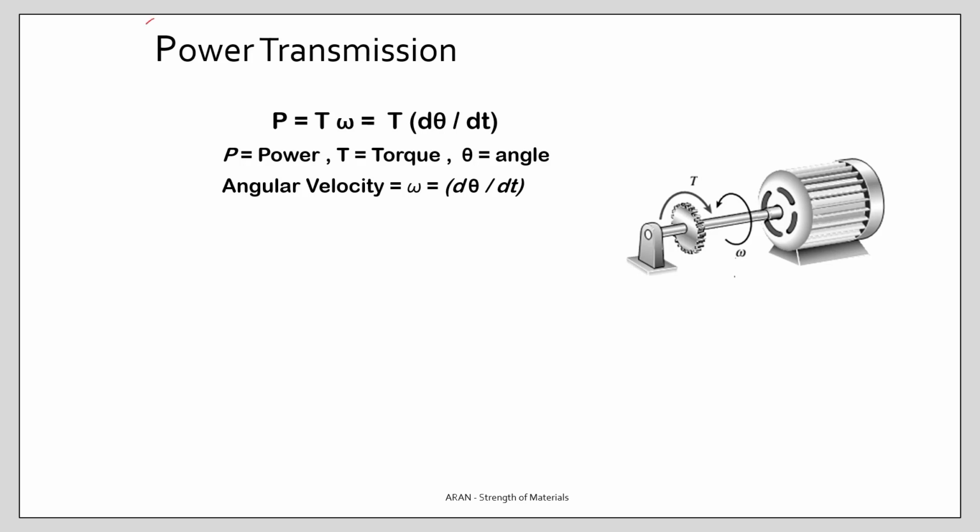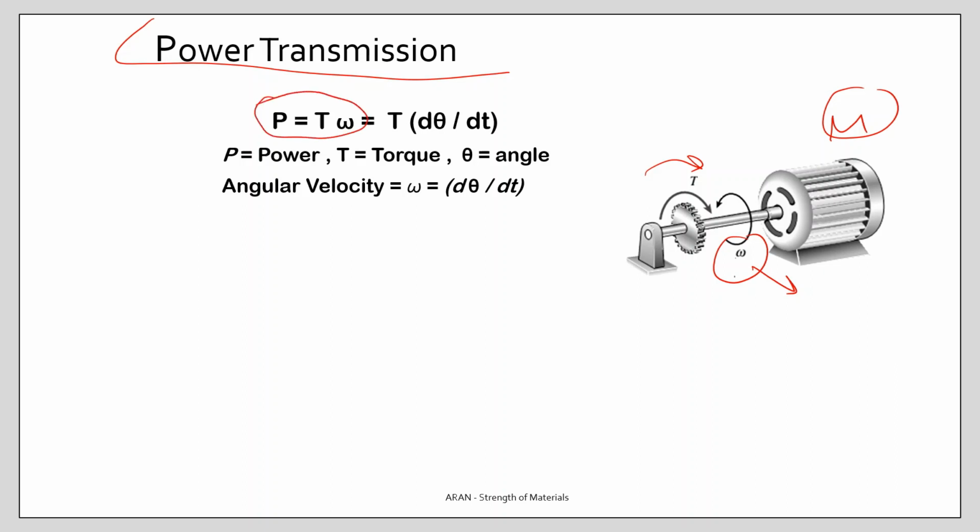Shafts are used for power transmission. If you have a power source, let's take an electrical motor, and here you have a gear. The angular speed is given, so the power transmitted can be calculated with the help of this formula. Power is equal to torque times the angular speed.